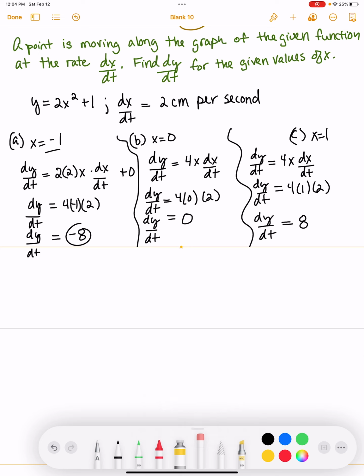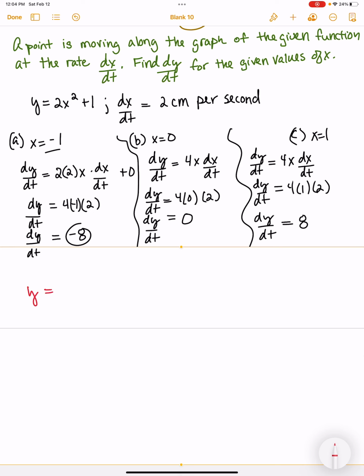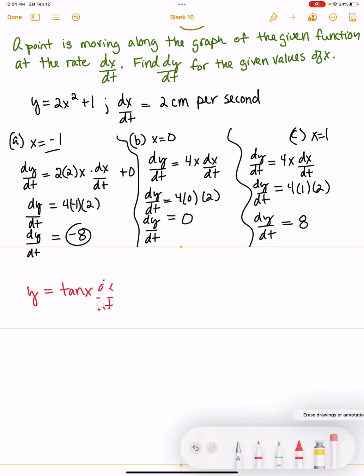All right, so now let's look at, okay, let's do one with some trig. Okay, so let's do y equals tan x. dx/dt, just joking.